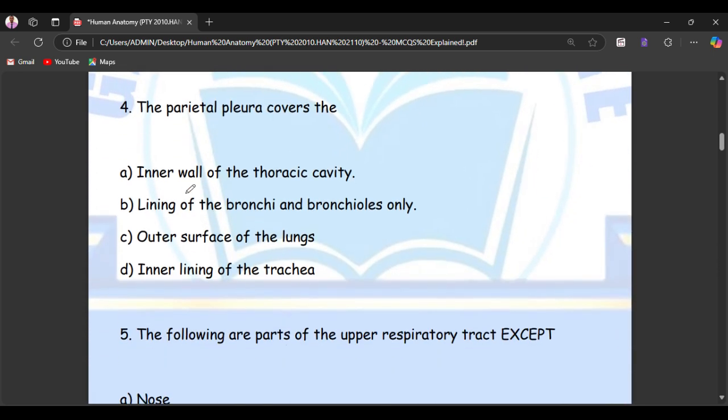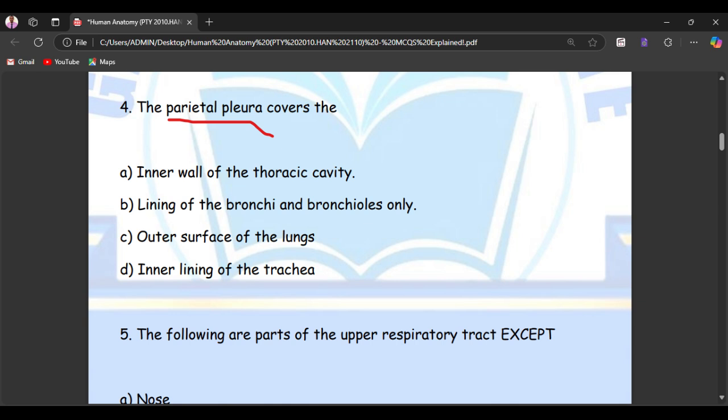We go to question number 4. Question number 4 says the parietal pleura covers the... To start with, you need to understand the question: where is the pleura located?